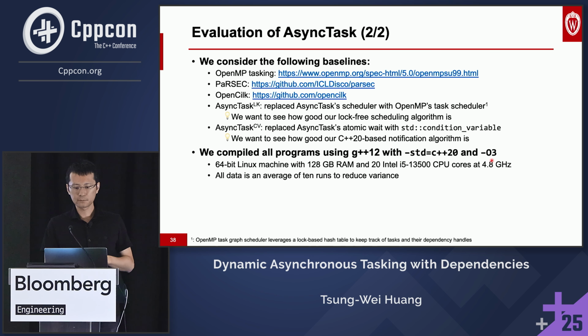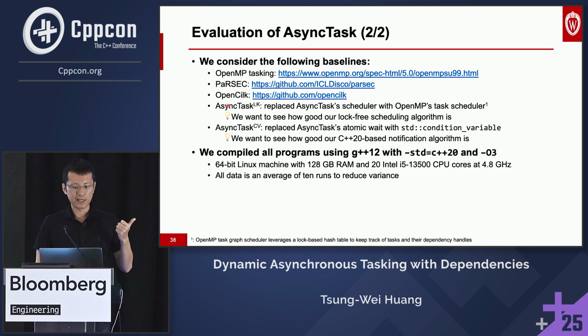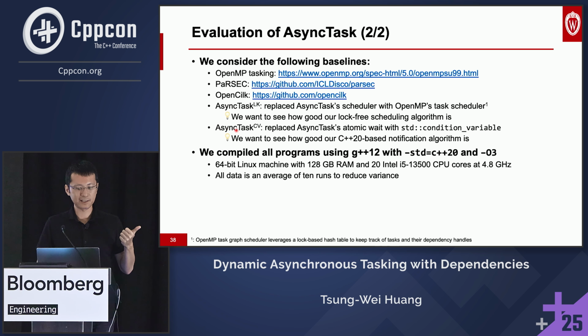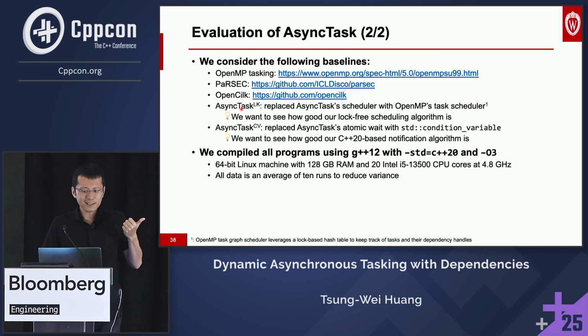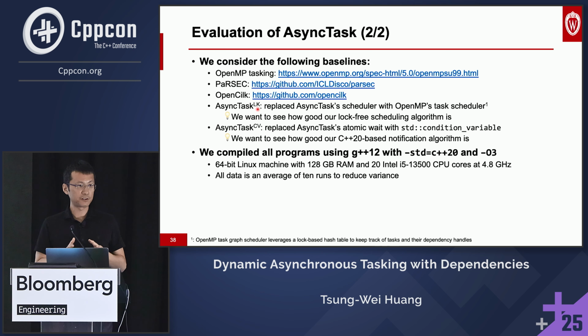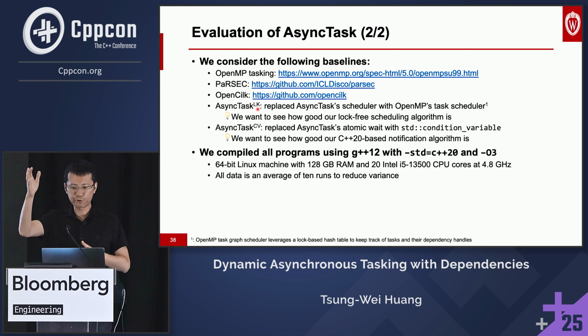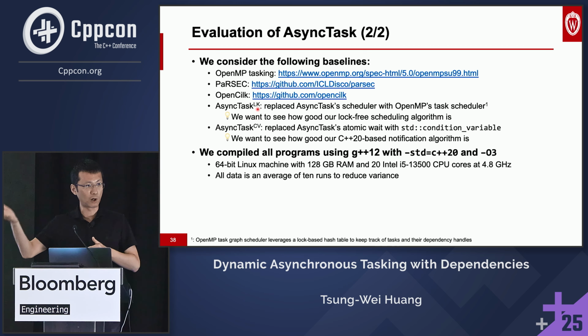This is the baseline we consider during the comparison: OpenMP tasking, Parsec, OpenCilk, AsyncTask LK, and AsyncTask CD. AsyncTask LK replaced our scheduler with OpenMP's task scheduler. And OpenMP's task scheduler leverages a lock-based hash table to keep track of the tasks and their dependencies at runtime.